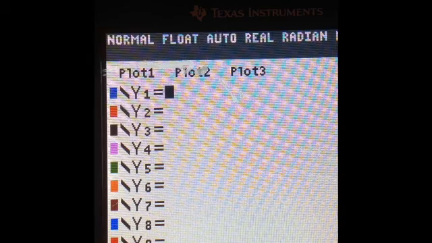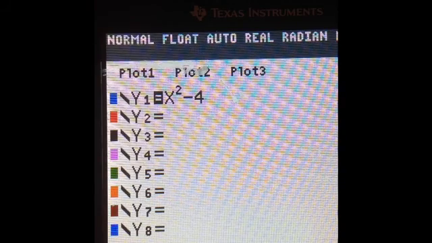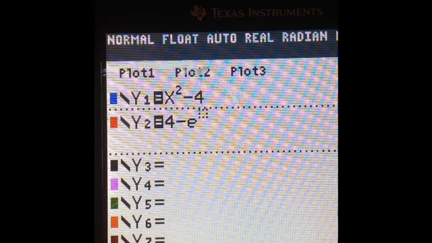So we're going to graph x squared minus 4, and we're going to graph 4 minus e raised to the x plus 1.